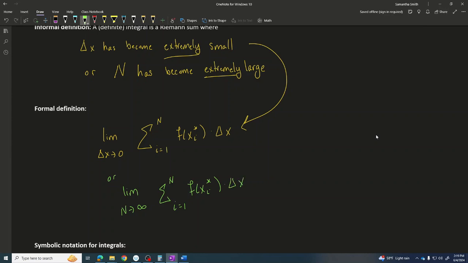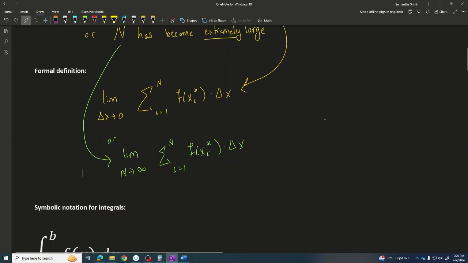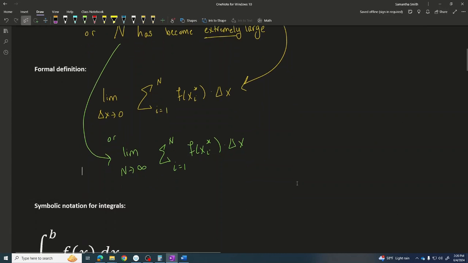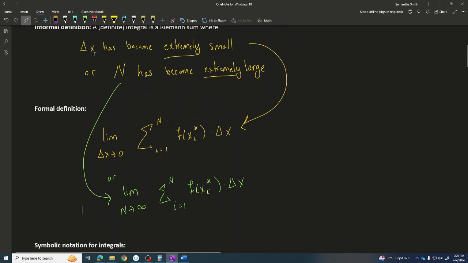This would just be another way of saying that your n has become very large. What we said in words up here is the same as these symbols down here, the limit as n approaches infinity of your Riemann sum. Two different ways, ultimately four different ways, of saying the exact same thing and capturing the same idea. An integral is just a sum with a heck of a lot of data.